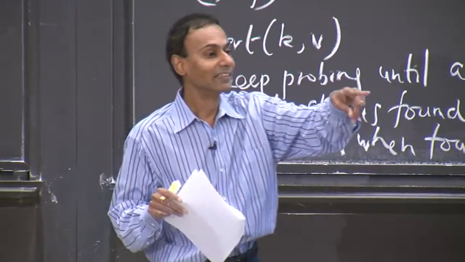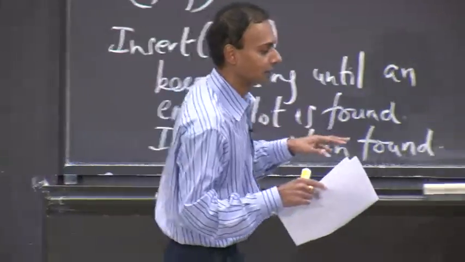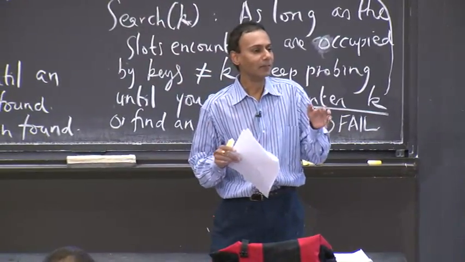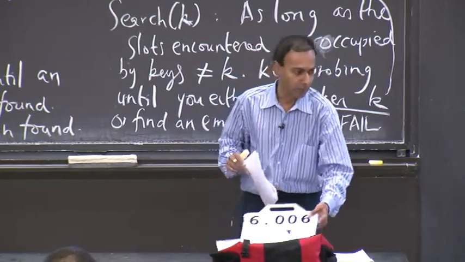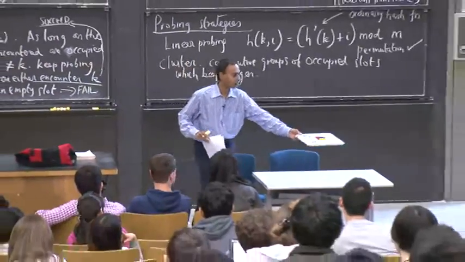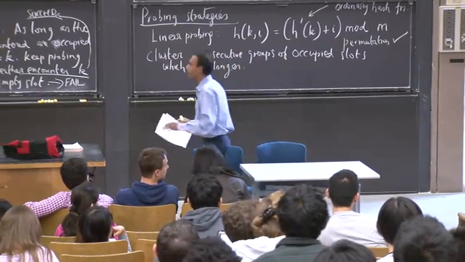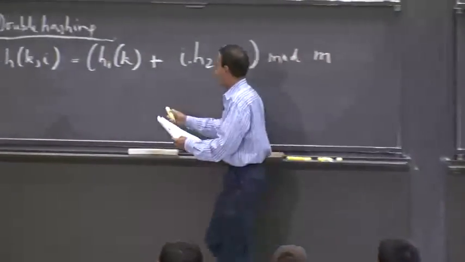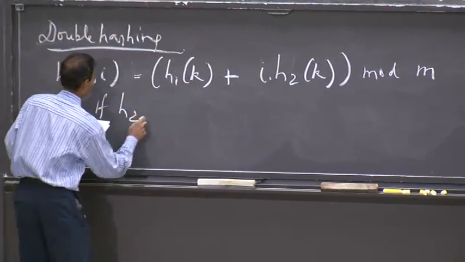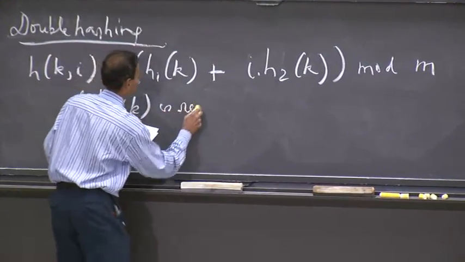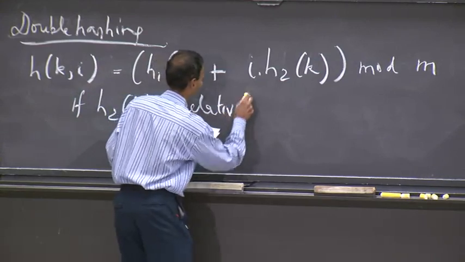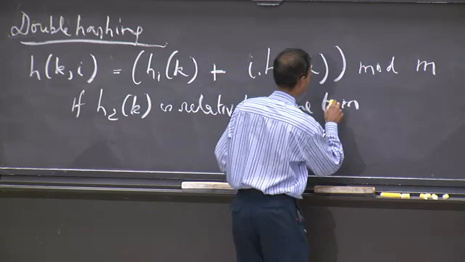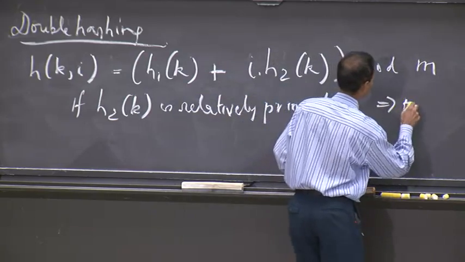Relatively prime. Okay, good. You're exactly right. So h2(k) and m being relatively prime implies a permutation.